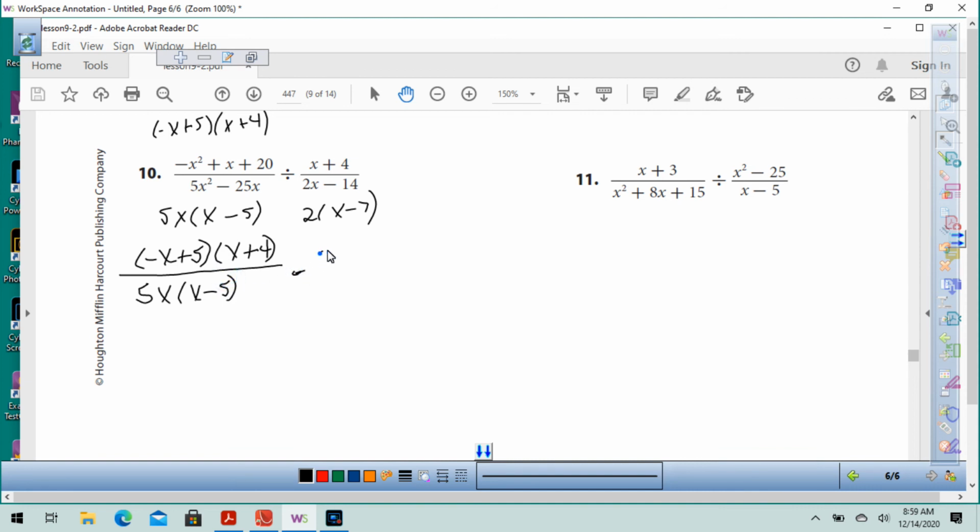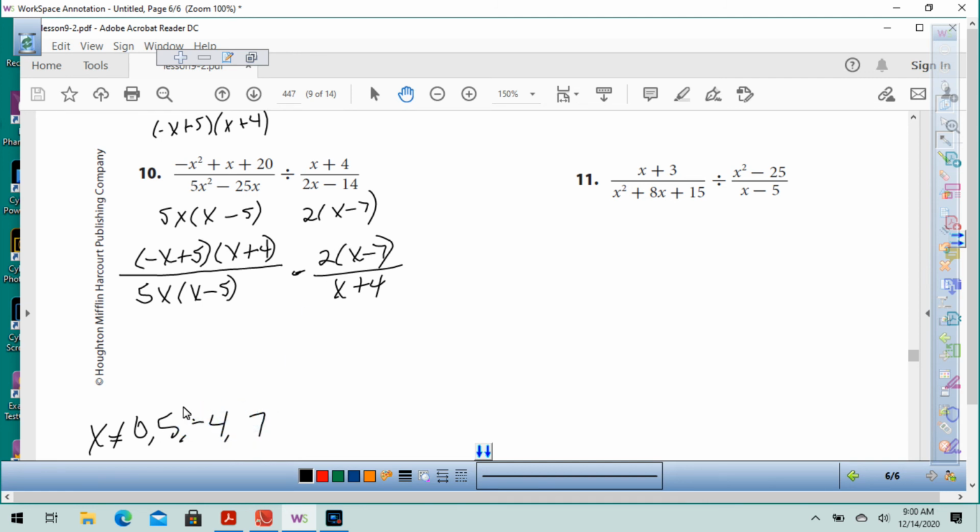That's going to be times 2, and that's x minus 7 over x plus 4. Excluded values: x cannot equal 0, cannot equal 5, cannot equal negative 4, and cannot equal 7.